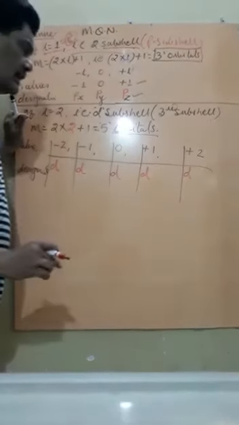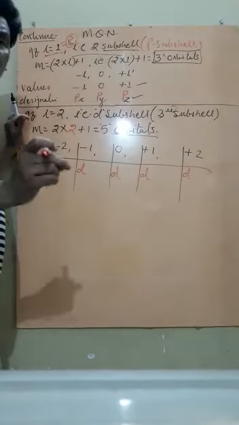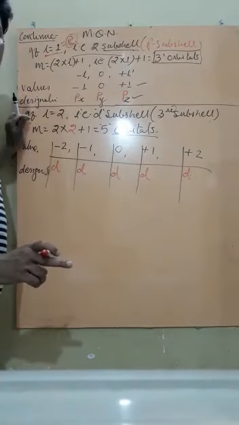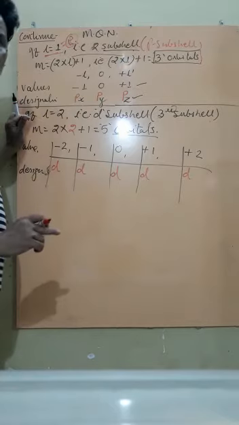Now the D stands for diffused. That means the electrons are diffused between 2 coordinates around the nucleus.